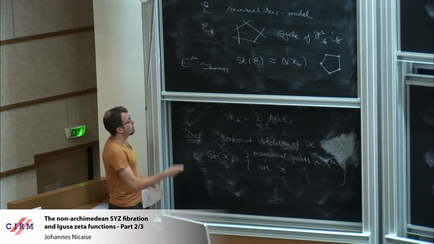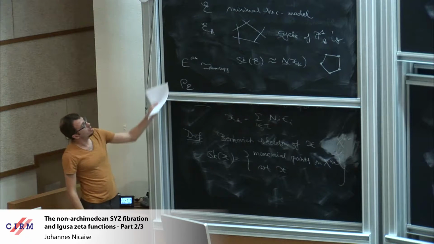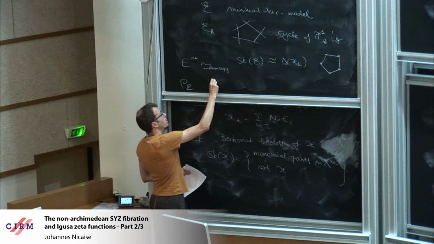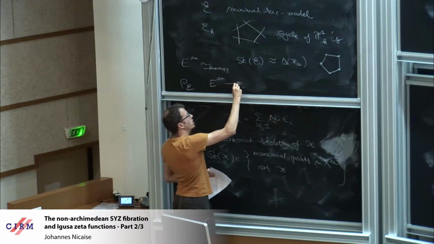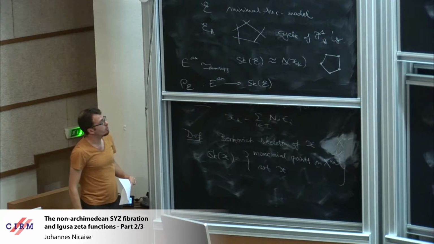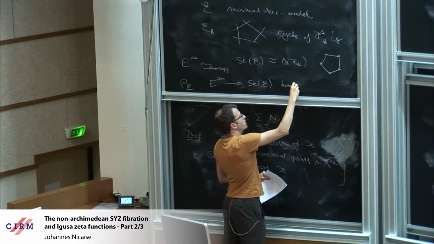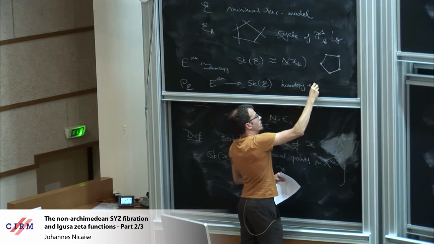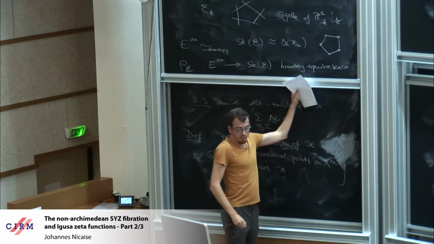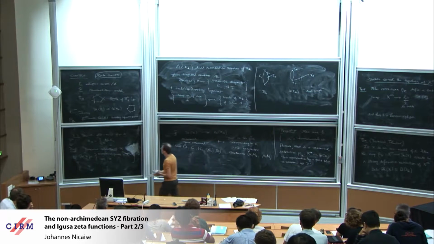And moreover, we have our retraction map rho, which is associated with our particular choice of SNC model, which goes to the skeleton of our SNC model. And so we've seen that this is a homotopy equivalence. So this is the easiest example of a non-archimedean SYZ fibration.